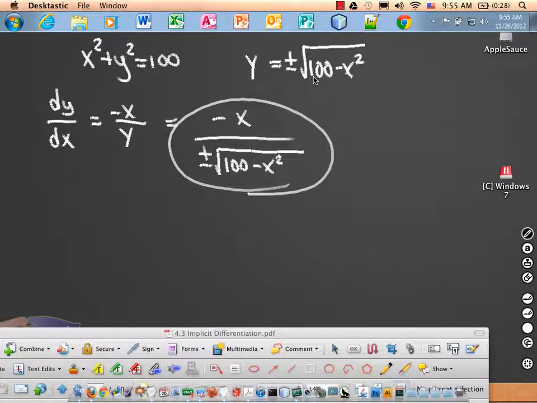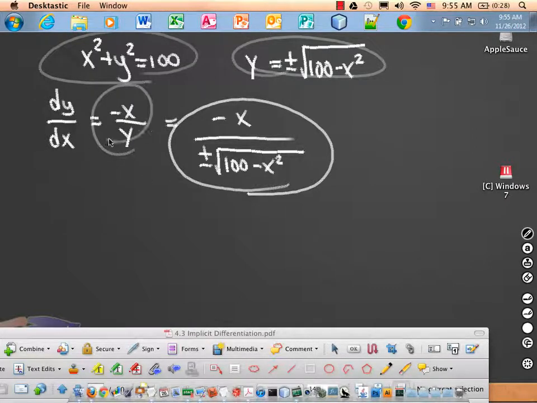Yeah, that's correct. When you solve an equation, everything should be equal all the way through, so you're absolutely correct. This equation is equivalent to this one right here, so this derivative is equivalent to this derivative. The only difference is that this one is implicit and this one is explicit. That is the only difference. Okay?